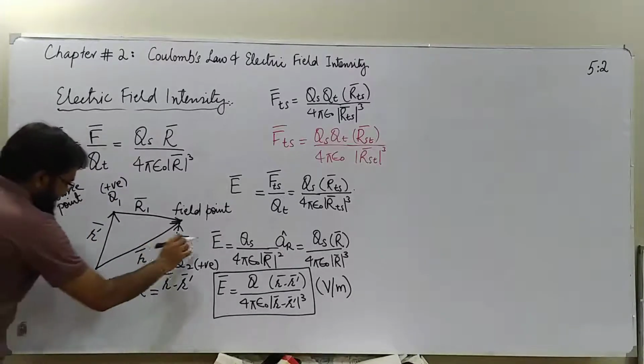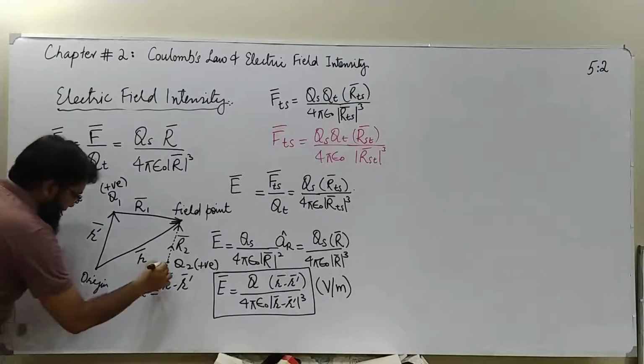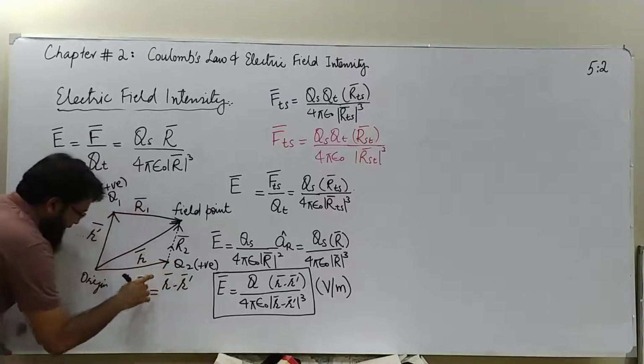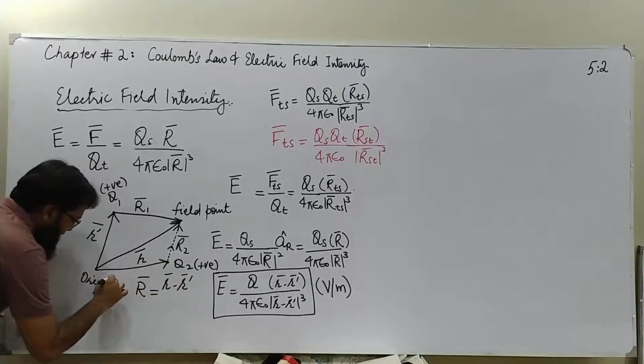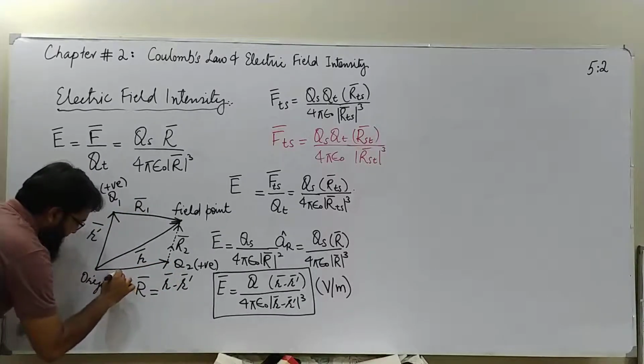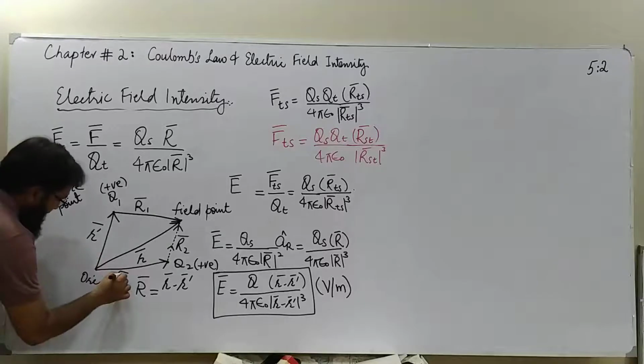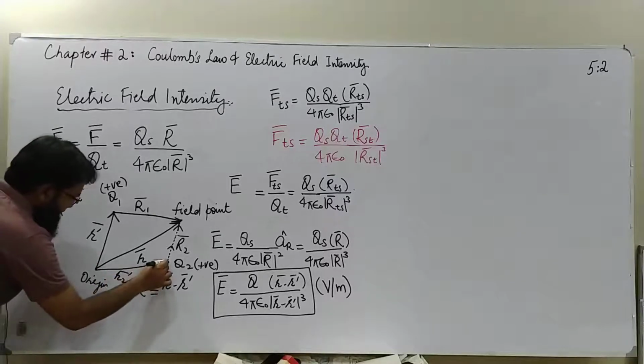So to get this vector r2, the position vector of this q2 from the origin is, let's say, r2, but now we have to add a prime because this is also a source.